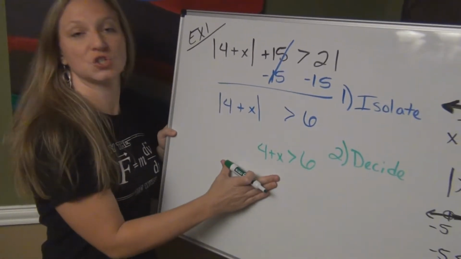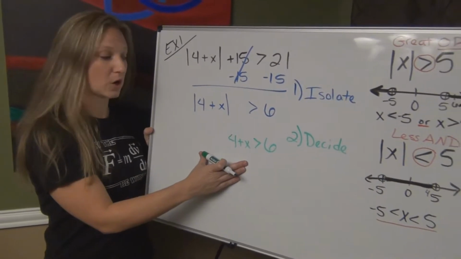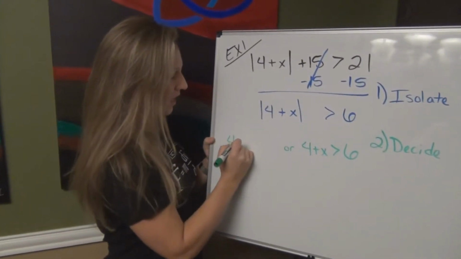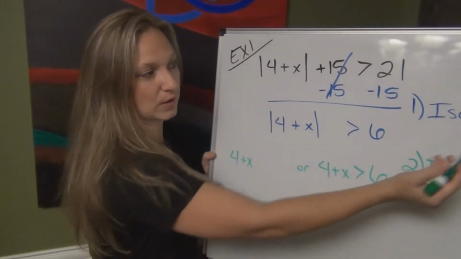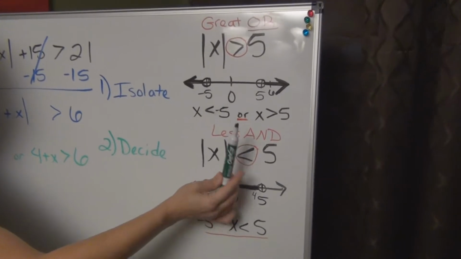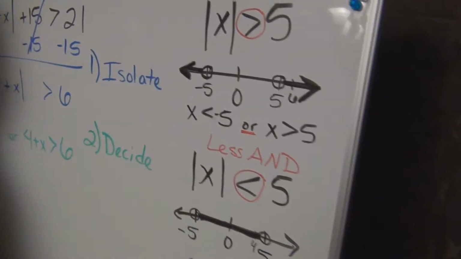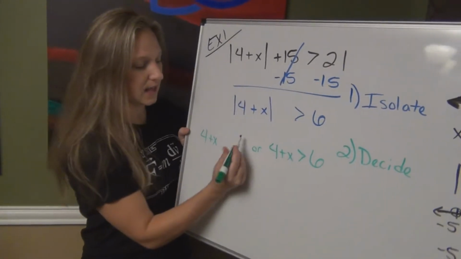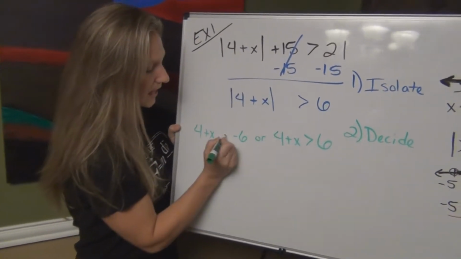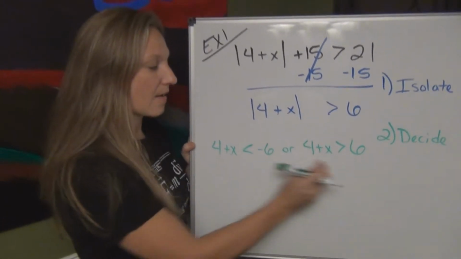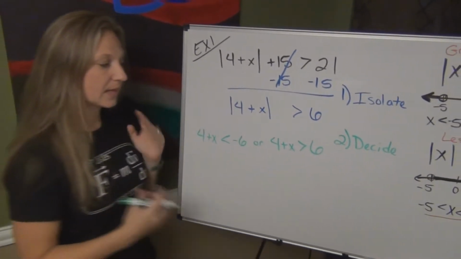Now that I'm splitting it into two cases, I can go ahead and get rid of those bars because I am ready to split it into the two parts. For my second part, for the greater than, you'll notice I have the positive value and the negative value, and the signs are opposite of each other. So I'm going to do the same thing over here. I've got the positive 6, now I'm going to have the negative 6, and I'm going to flip the inequality symbol. So now I have it in my two pieces.